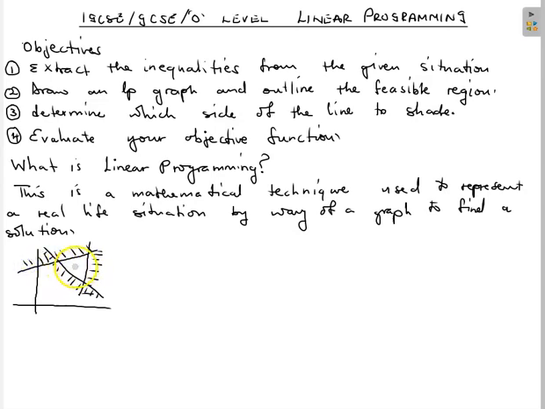Now this region labeled by R, that's what we call the feasible region. We say it's a feasible region because all these shaded sides of the lines are what you cannot operate with.